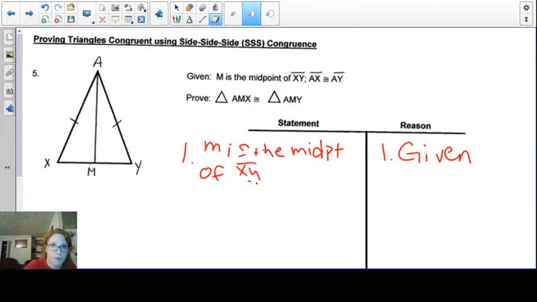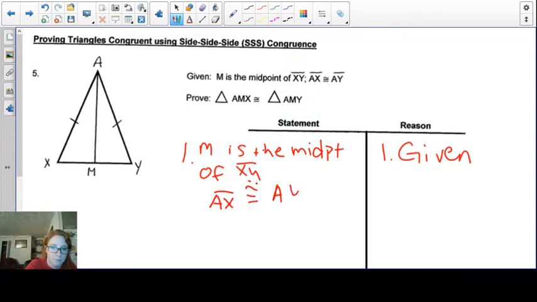And then we also know that AX is congruent to AY.